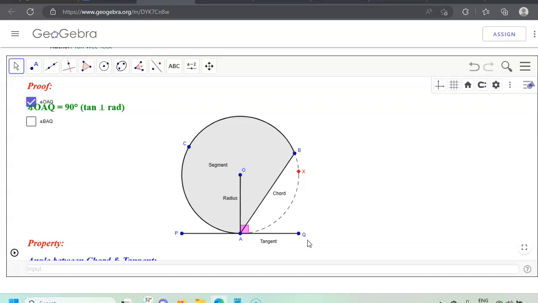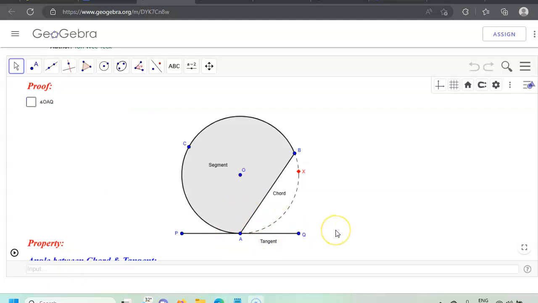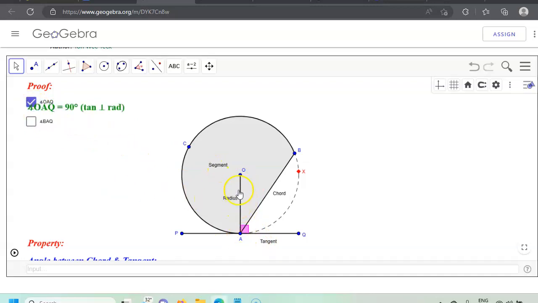The angle OAQ is formed between the radius OA and the tangent line AQ. Sorry for a little confusion there. The tangent line will always be perpendicular with the radius. So the measurement of OAQ is 90 degrees.